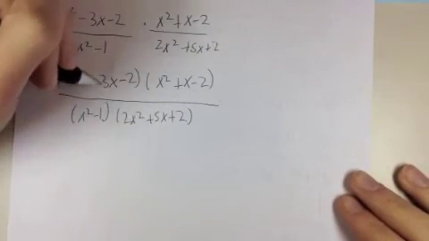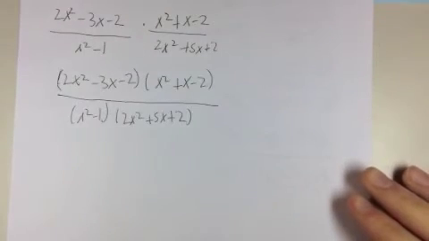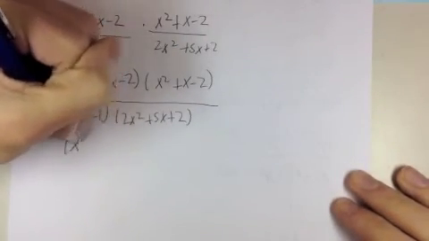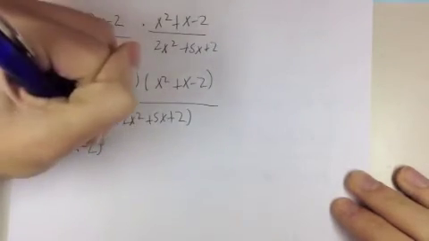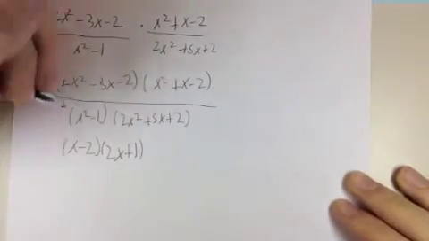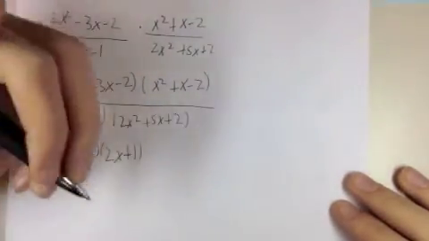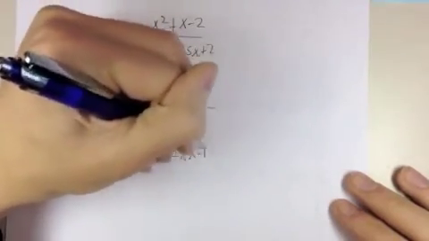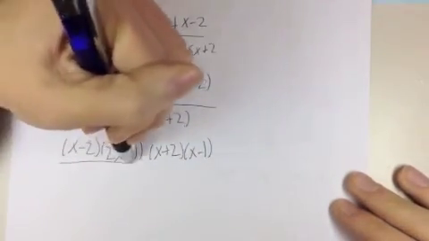So in this 2x squared minus 3x minus 2, that can factor into x minus 2 and 2x plus 1. The x squared plus x minus 2, that's just going to be x plus 2 and x minus 1.